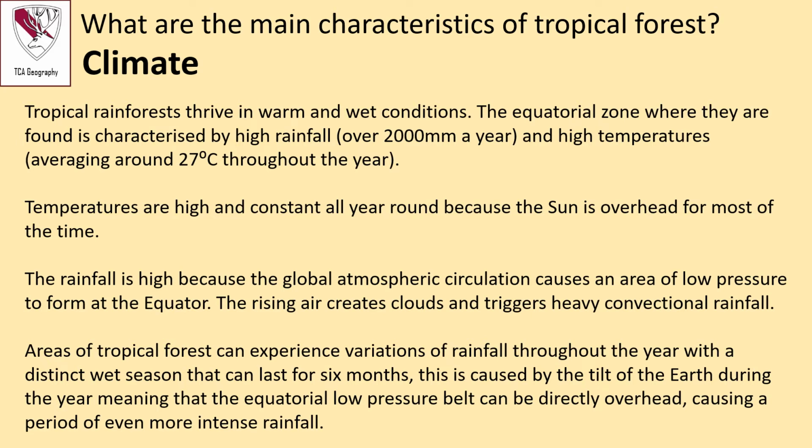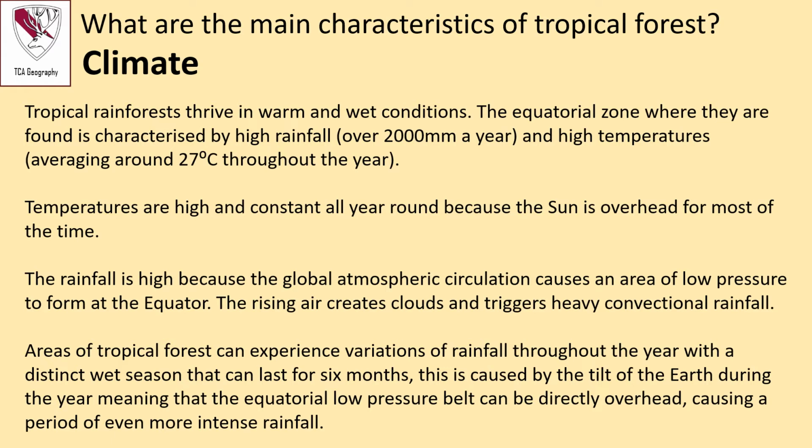On to climate then. So tropical rainforests thrive, that means they do really well, in warm and wet conditions. The equatorial zone where they are found is characterised by high rainfall, that's over 2,000 millimetres a year, and high temperatures that average around 27 degrees Celsius throughout the year.